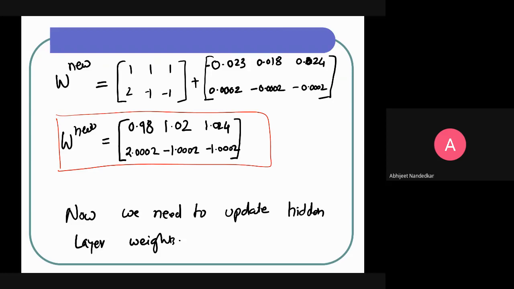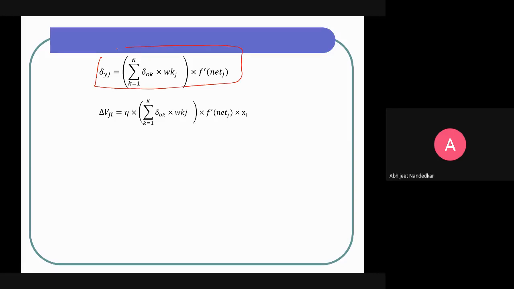Now we need to update the hidden layer weights. You can update them using this formula: delta Yj is equal to summation k equal to 1 to capital K of delta O_k into W_kj into f dash of net j.